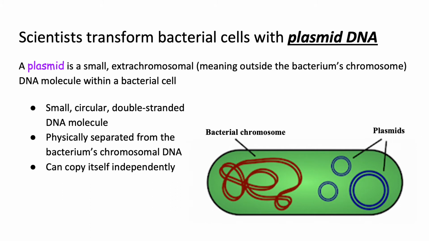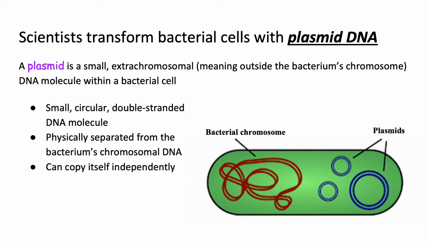So a plasmid is a small extrachromosomal, meaning that it's outside the bacterium's chromosome, DNA molecule within a bacterial cell. In this picture, the bacterial chromosome is represented by the red squiggly lines, and the plasmids are outside the bacterial chromosome.